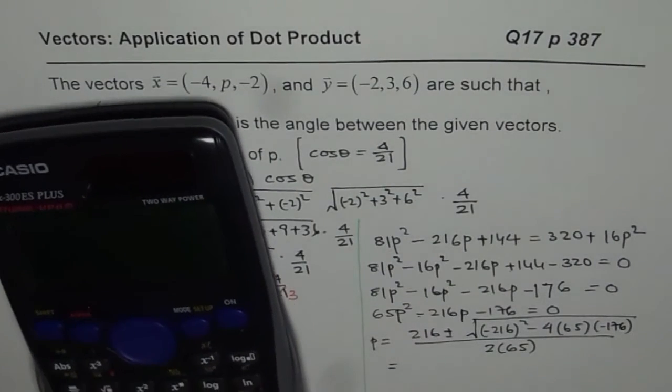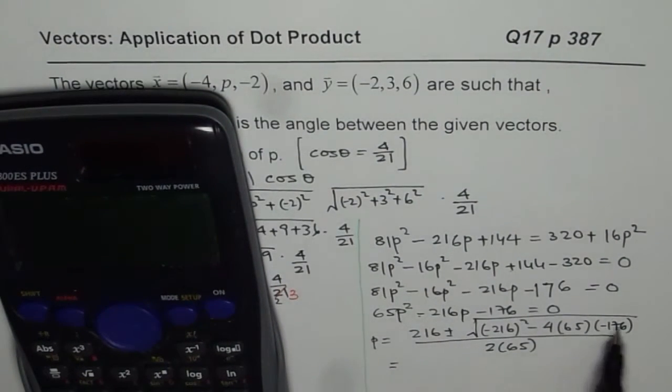Let's find the square root term first. Square root of 216 squared, minus as minus becomes plus, plus 4 times 65 times 176, equals 304.